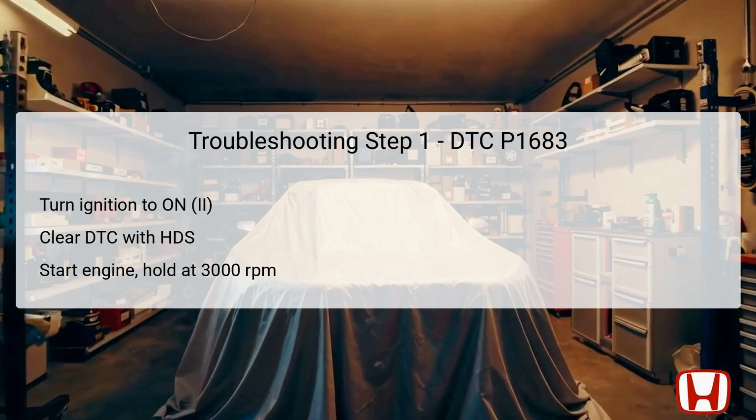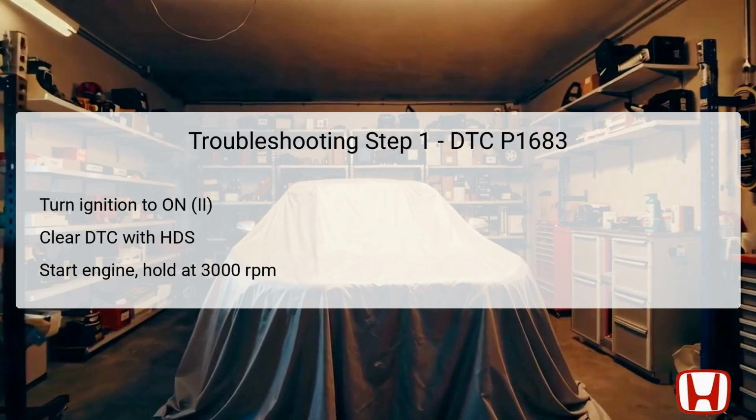The first troubleshooting step involves verifying the problem by starting with the ignition switch set to the on 2 position. At this stage, the technician should utilize the Honda Diagnostic System, HDS, to clear any stored diagnostic trouble codes, DTC. Once cleared, the technician should start the engine and hold the speed at 3,000 RPM without any load, allowing the system to run until the radiator fan activates.